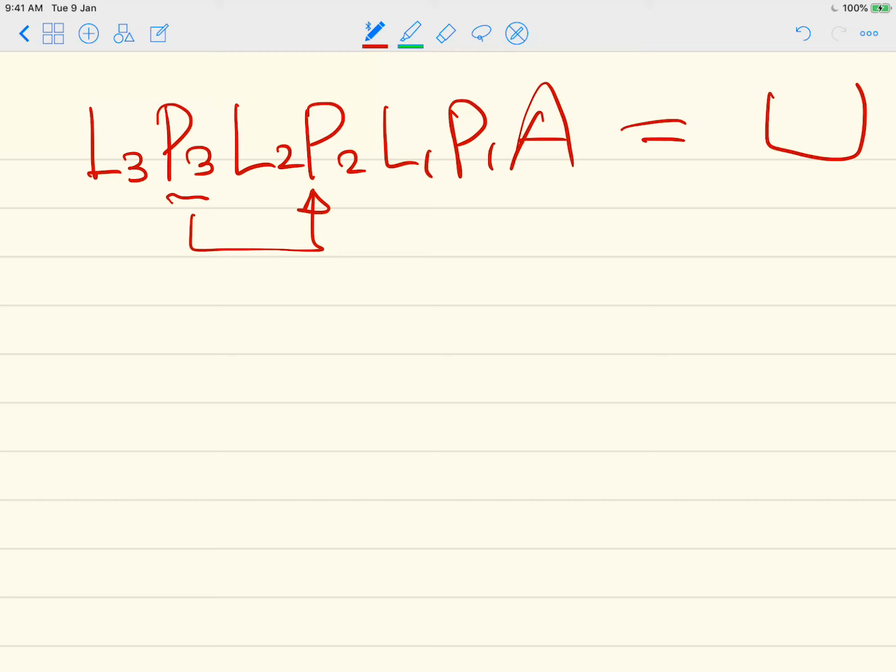Okay, so in this case, we utilize one important characteristic of this permutation matrix or row interchanges.